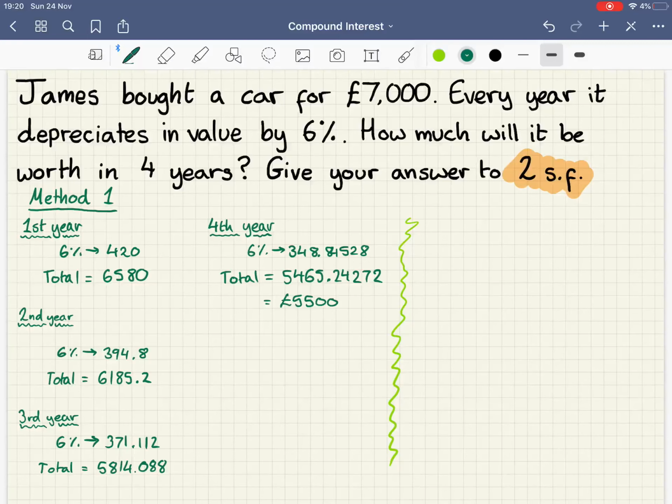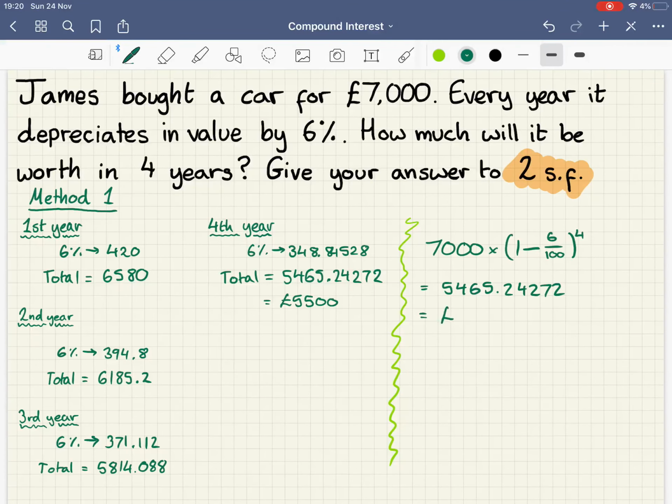And if you were using the formula, you should have written down 7,000 times 1, because it depreciates, it's a minus 6 over 100, all to the power of 4. And again, it will firstly give you this answer, this long one.